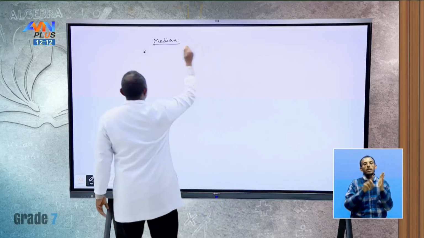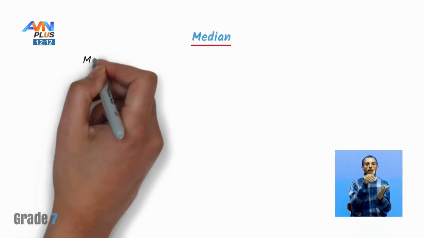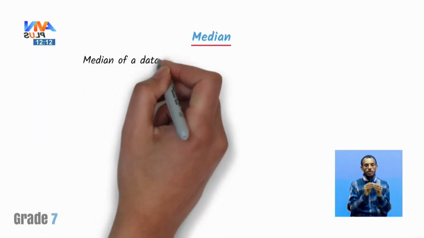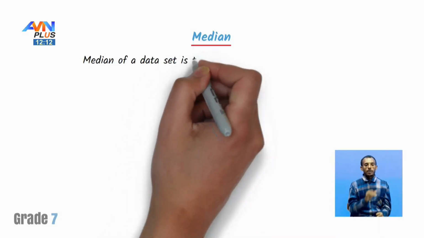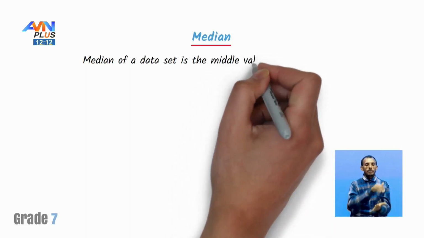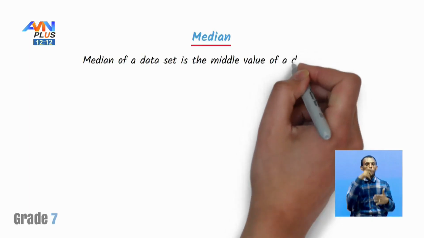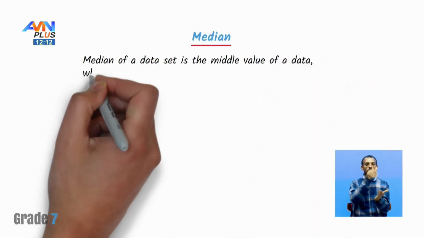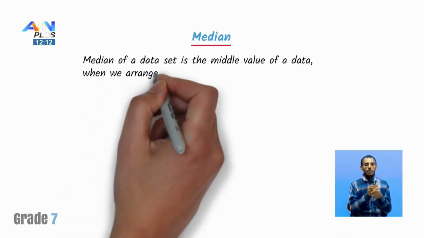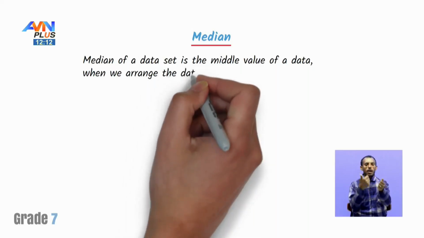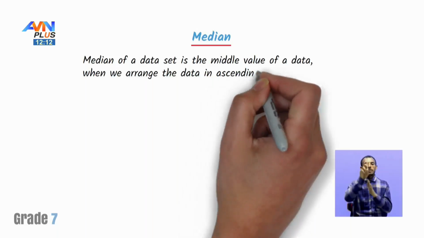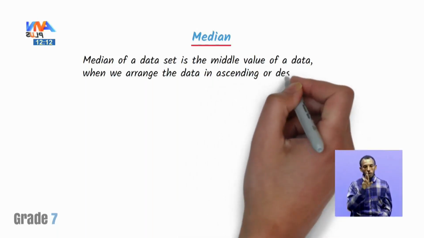Therefore, the median of a data set is the middle value of the data when we arrange the data in ascending or descending order.